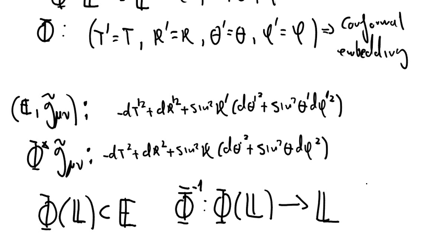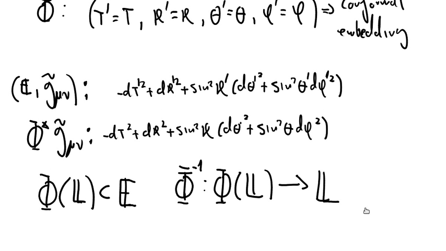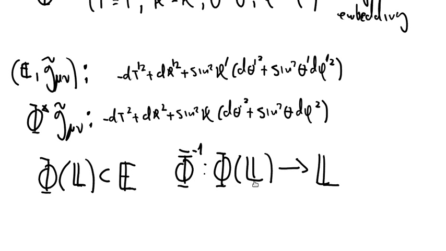So this is in accordance with what was explained in the first lecture. So we have a conformal embedding of Minkowski into the Einstein static universe. Well, okay, there's an issue here.